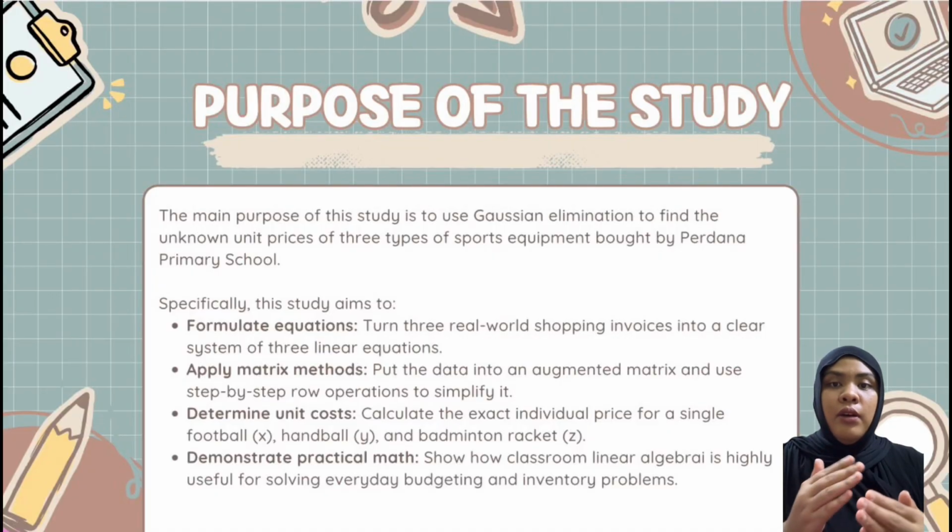This will allow us to determine the exact unit cost for a single football, handball, and badminton racket. Ultimately, this study serves to demonstrate practical maths, showing how classroom linear algebra is highly useful for solving everyday budgeting and inventory problems.